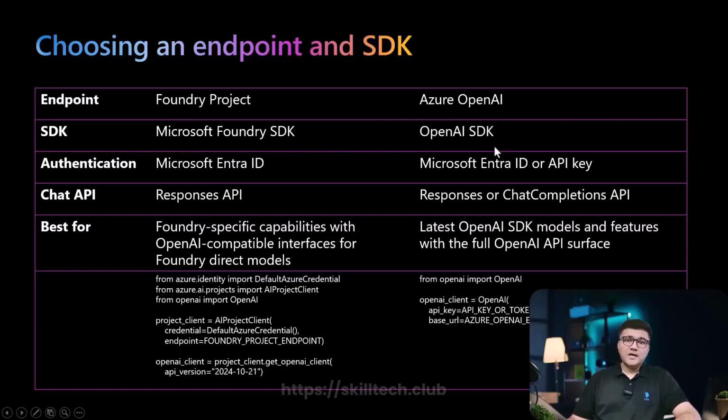So basically, the classes and the implementation will both be different. Authentication here can be done only with Microsoft Entra ID, while in this one we can use Entra ID or an API key. The chat API you're going to use in the newer Foundry projects is the responses API, while the OpenAI API supports both the responses API and the chat completions API.